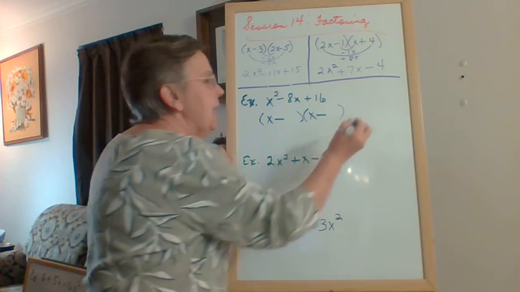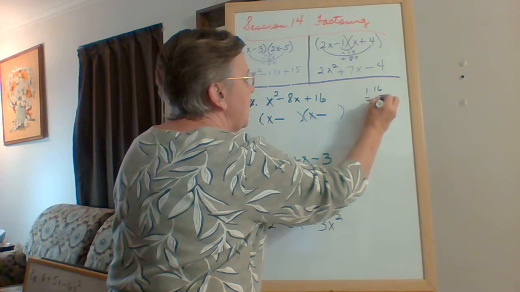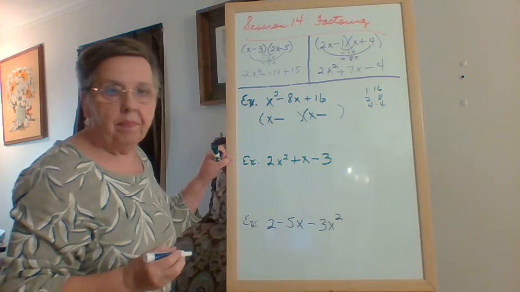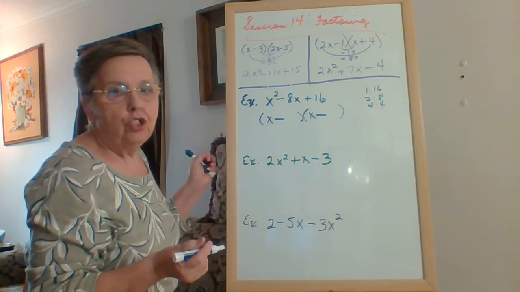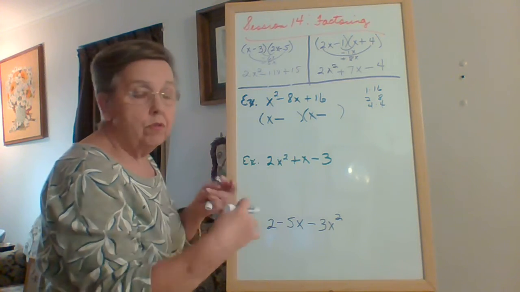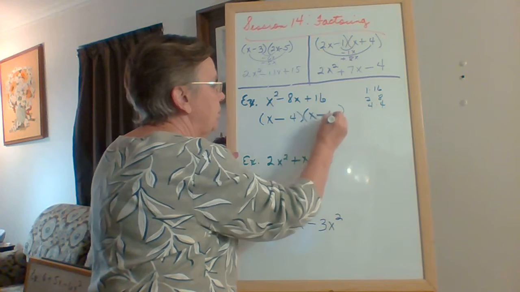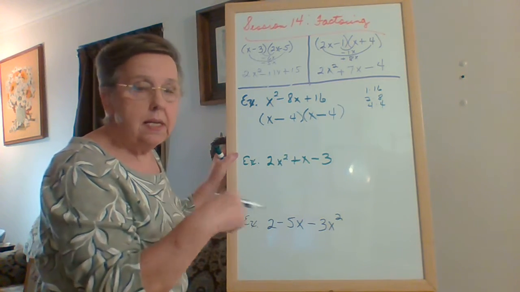16. Well, I can either do 1 times 16, 2 times 8, 4 times 4, and there are also their reversals. Let's choose 4 and 4. The main thing that we need to check is our outside and inside.